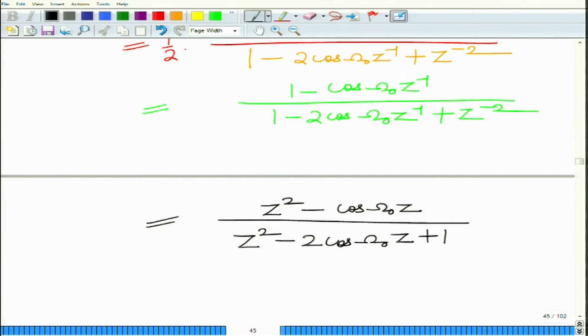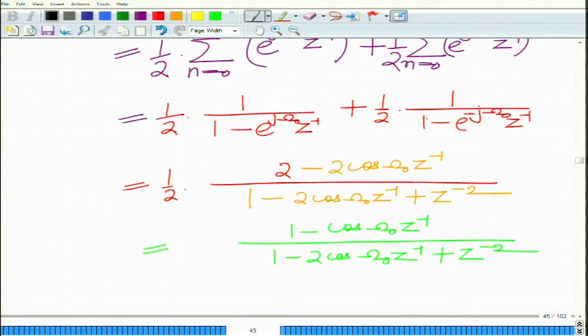And the region of convergence, remember, this has two poles, that is e raised to j omega naught and e raised to minus j omega naught.